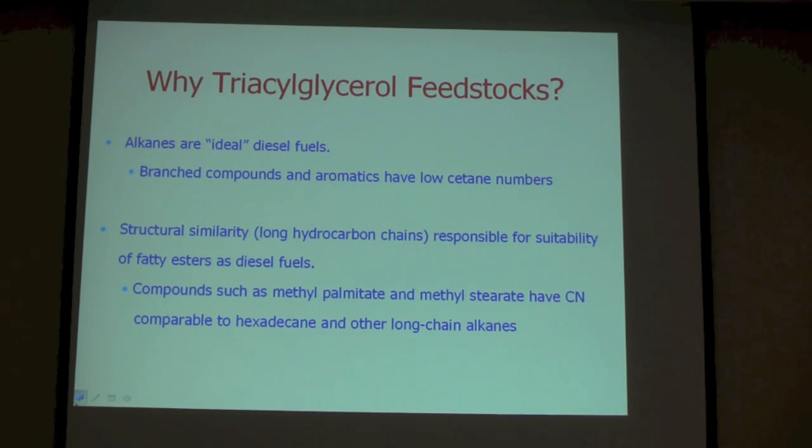And you look at the structure of fatty esters, like in biodiesel, and they have a long hydrocarbon chain too. The only difference is the first carbon, where biodiesel has a methyl ester group. Otherwise they have this long hydrocarbon chain. So the structural similarity is the reason why you can use something like biodiesel as an alternative in a diesel engine.